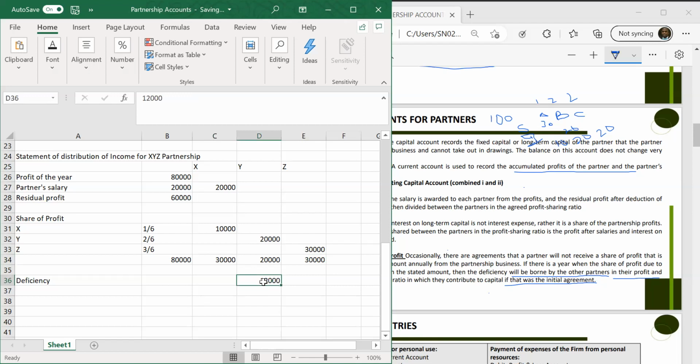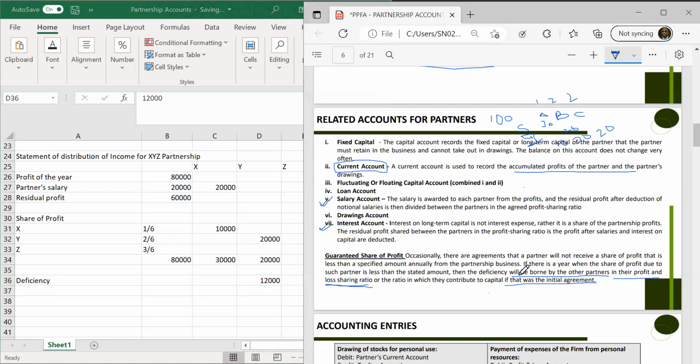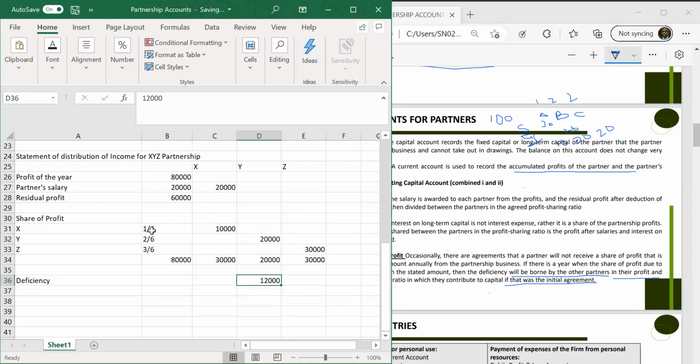It will be borne by the other partners in their profit and loss ratio. What is the ratio for X? Don't take the 1/6, because this guy is there.